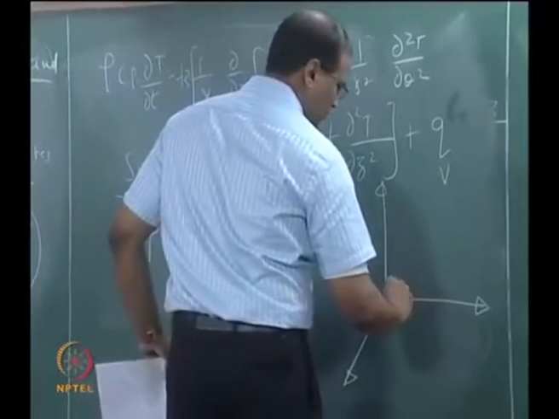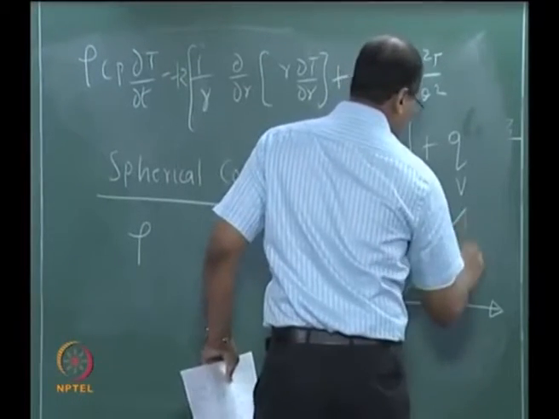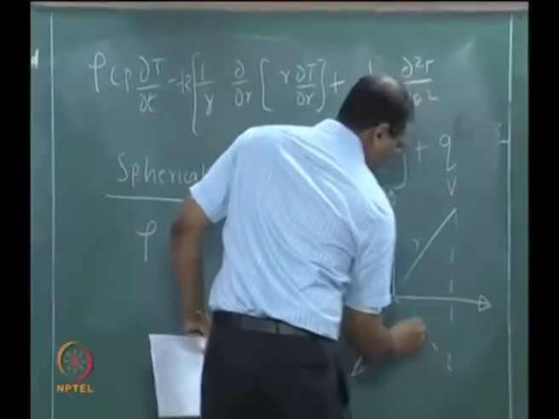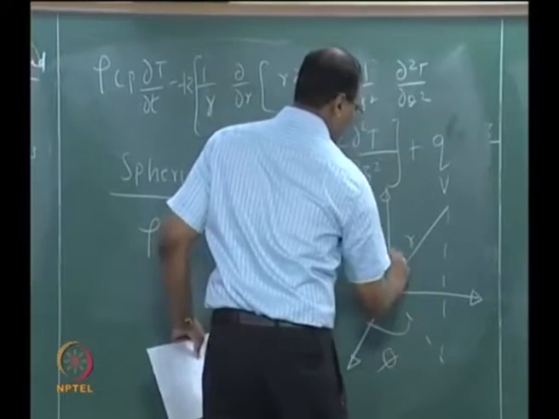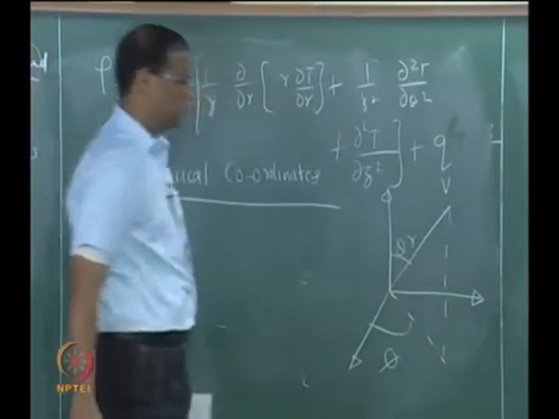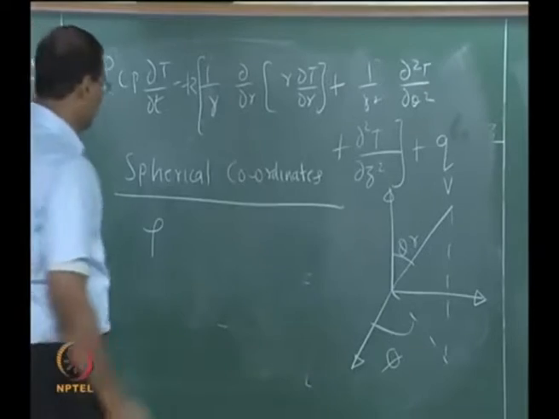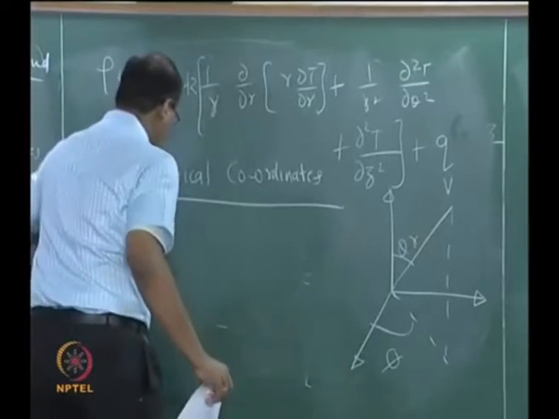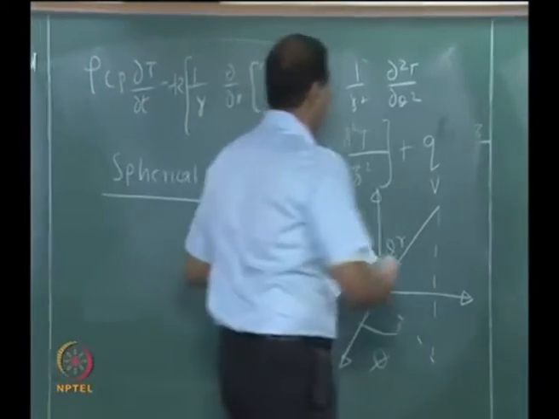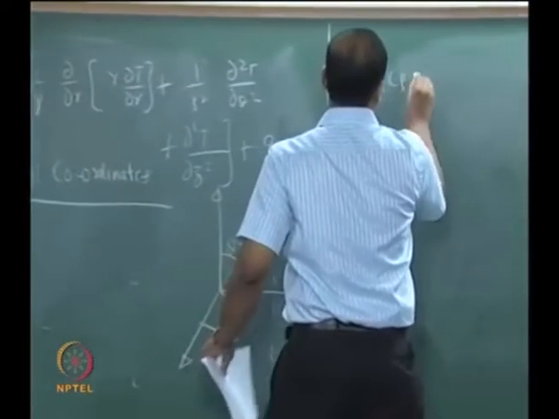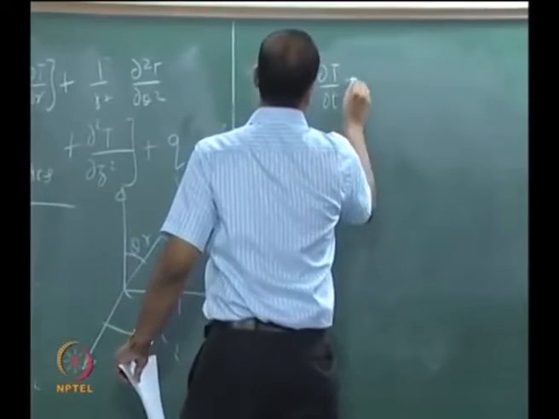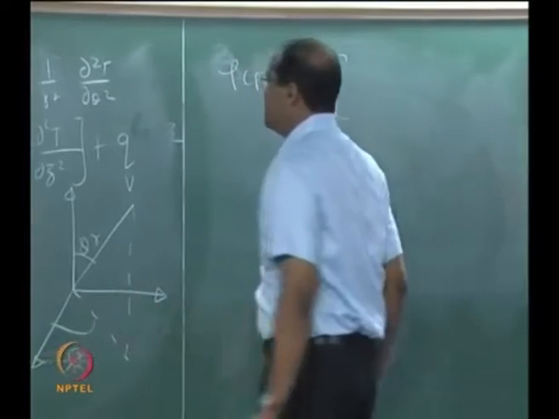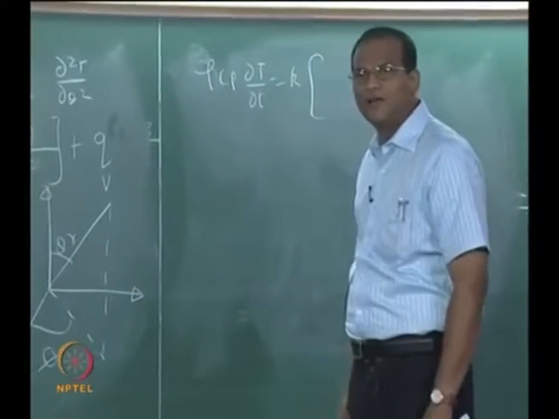So there is r, okay. So instead of 1 by r, what do you expect for spherical coordinate?